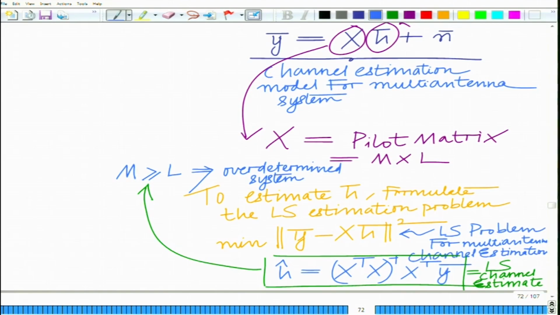So, you can also say that for channel estimation using the least squares technique, the minimum number of pilot symbols required is at least that of the number of transmit antennas. So, this is another interesting result.